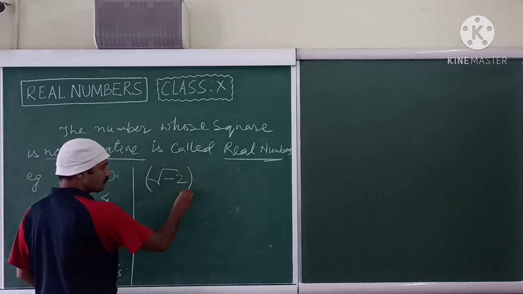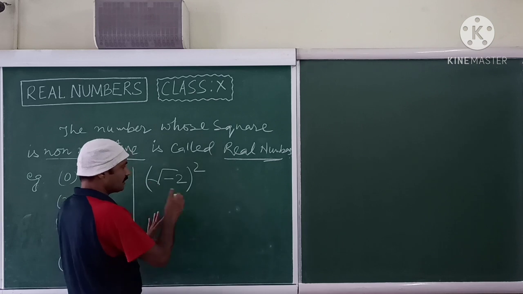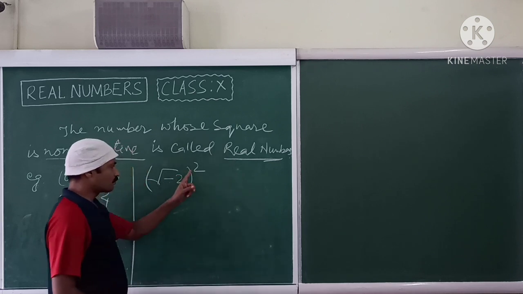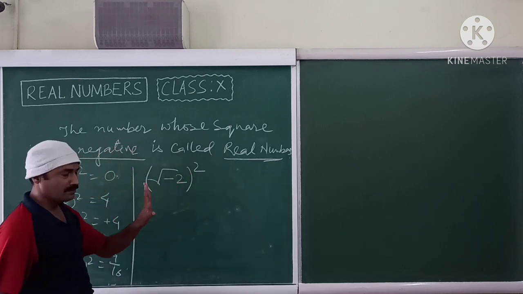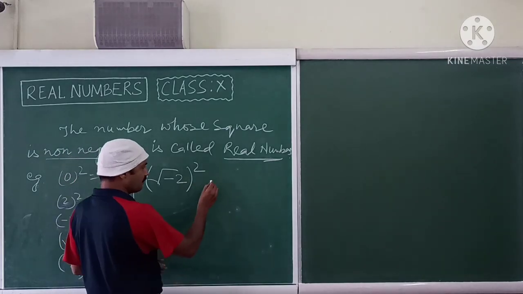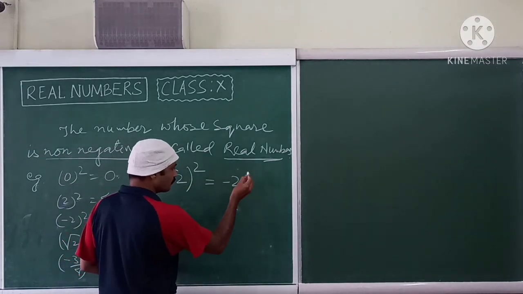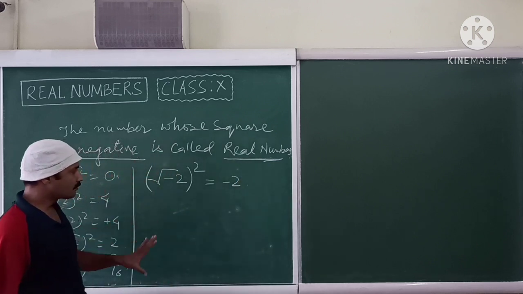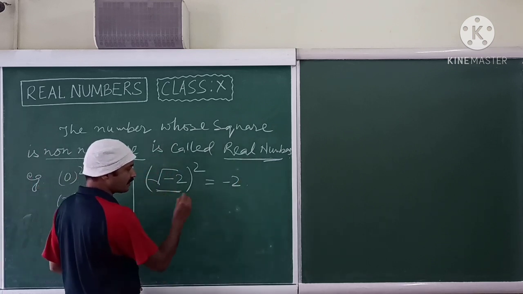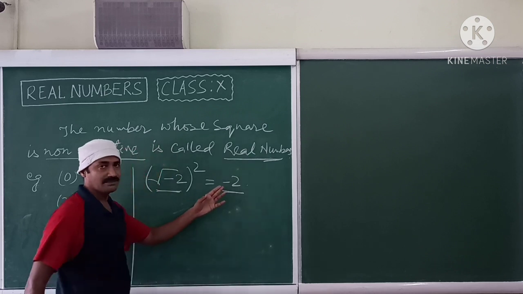If we square it, the square and the root cancel, and we get only -2. Squaring this number gives a negative number.